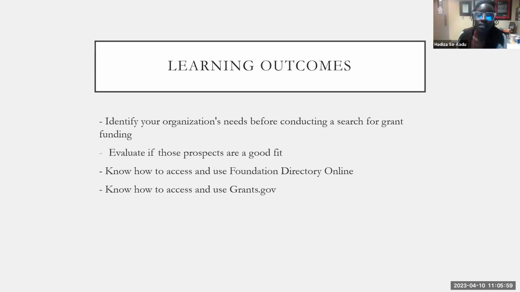And then once you do conduct a search, you should be able to evaluate if the prospects that you do find are a good fit. And then, of course, by the end of our time together, you will know how to access and use the Foundation Directory Online, as well as how to use and access Grants.Gov.